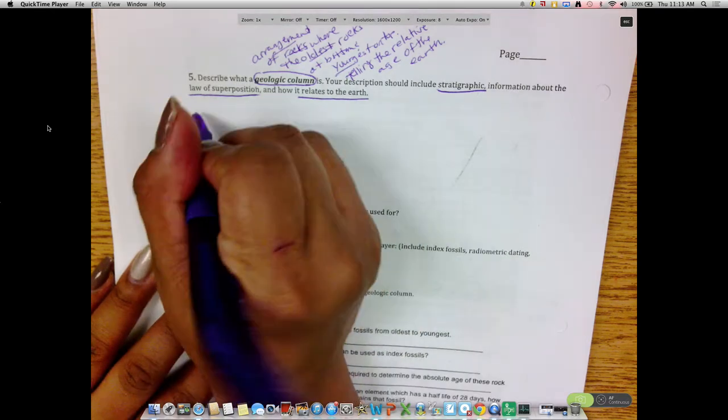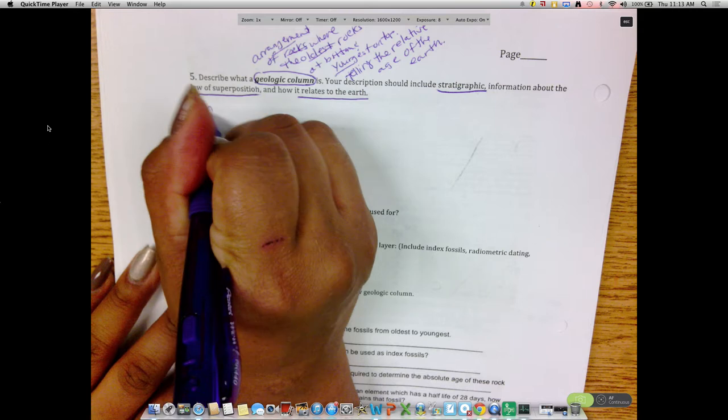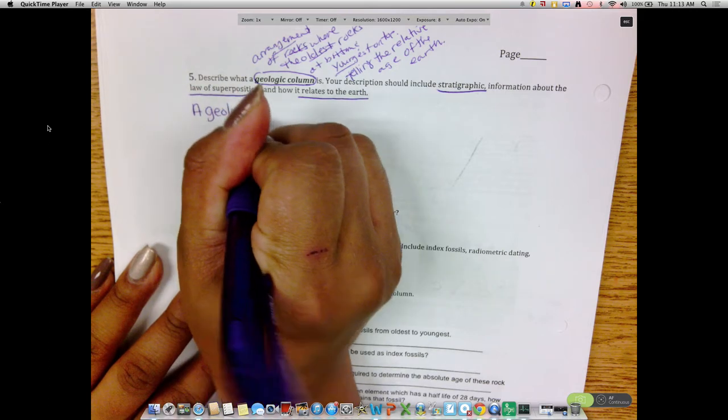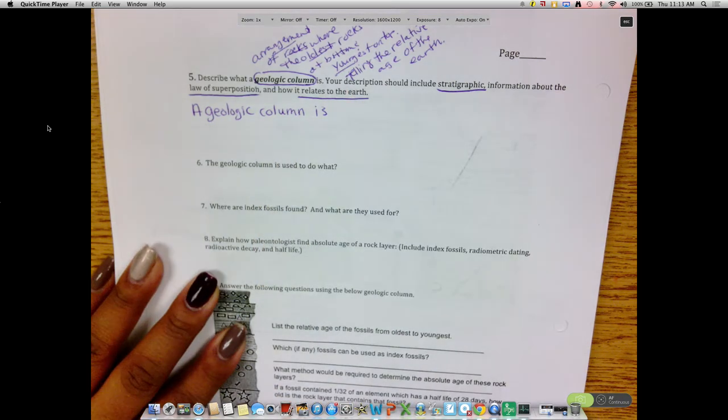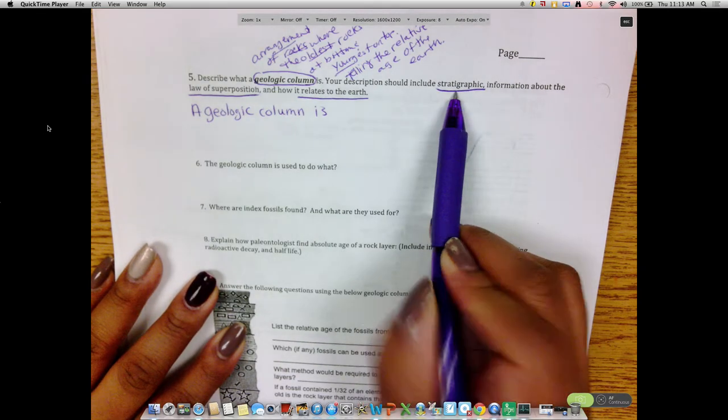It's asking about the geologic column. So a geologic column is what? We want to say arrangement of rocks, but we need to include stratigraphic.